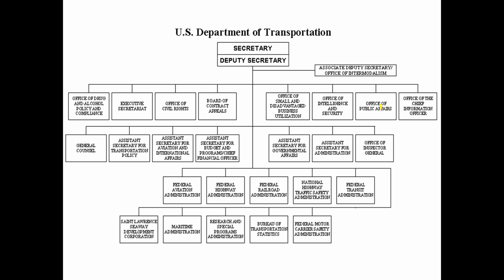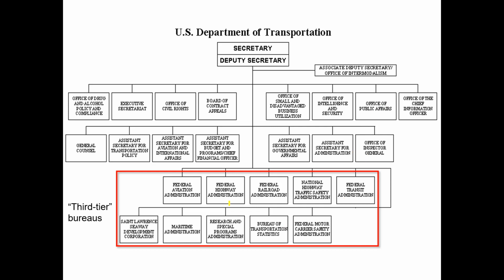Now, the third tier bureaus are these agencies down here, and as you can see, there's a reason why they're called third tier bureaus. You know, first tier, second tier, third tier, but the third tier bureaus are the ones where the business does not change. When a new president is elected, that president is going to be appointing lots of new people that are going to be perhaps loyal to that president's agenda, or at least somebody that they feel like that they can depend on for running that office.